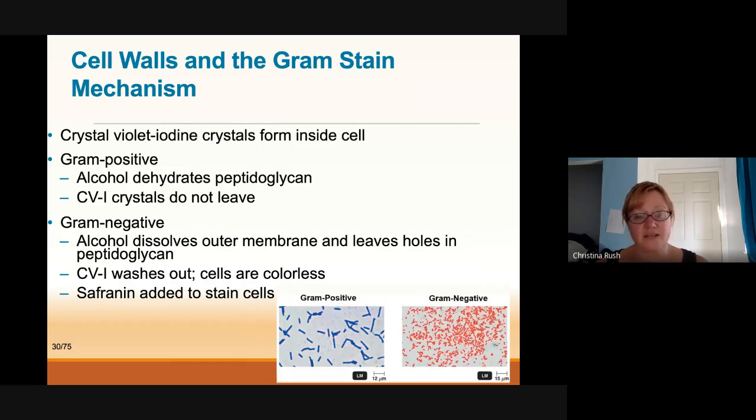The decolorizing agent, alcohol, is just going to dehydrate that peptidoglycan and hold on to the crystal violet even tighter. Whereas the gram-negative, the decolorizer alcohol will dissolve the outer membrane, leave holes in the peptidoglycan, and the crystal violet washes out. And then safranin is your counterstain. So gram-positive cells will always appear purple, gram-negative as red if you did the stain correctly.